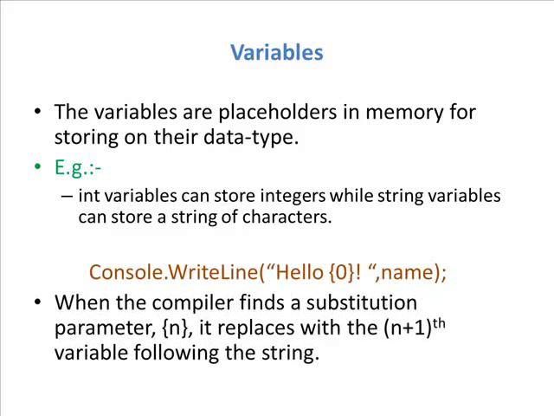Then the compiler finds a substitution parameter, simply n enclosed with curly braces. It replaces it with the n+1th variable following the string. In this line of code, n is this, so n+1 means it should be 1.